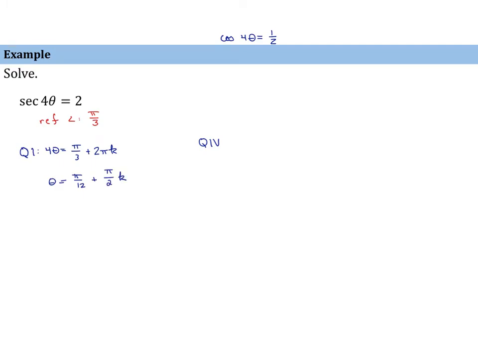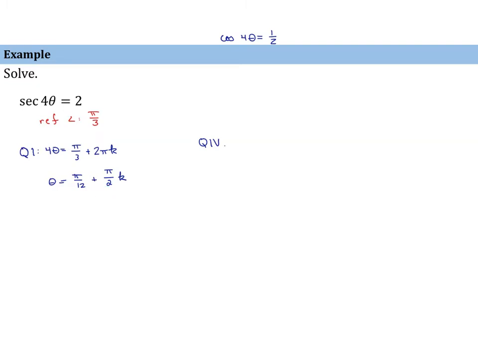Now again, if we pause for a moment, the period of a secant function, of our parent function, secant of theta, is 2 pi. But if we divide that by 4, because the function has been compressed horizontally by a factor of 4, we would have 2 pi divided by 4, or simply pi over 2.